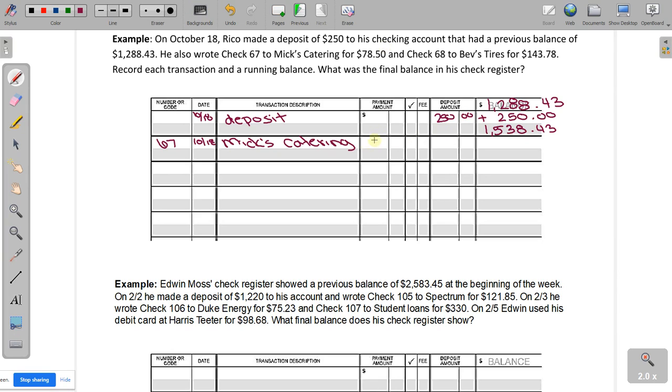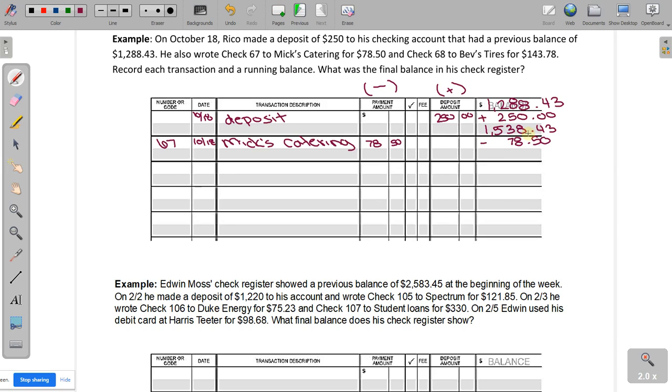So that's a payment, $78.50. So remember, payments we are subtracting out, deposits we are adding in. So we are going to subtract that amount, $78.50.